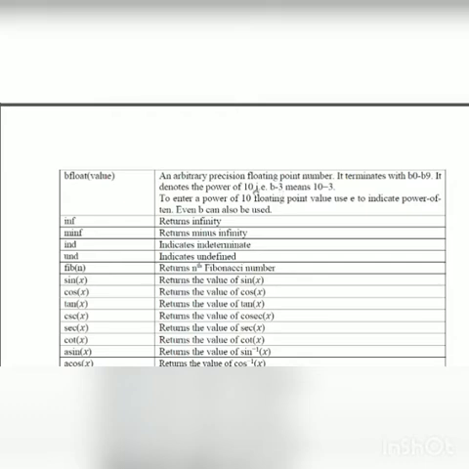The meaning is that number into 10 to the power of minus 3. Usually it gives values between B0 to B9. So whenever you want to write anything in terms of powers of 10, you can use bfloat.